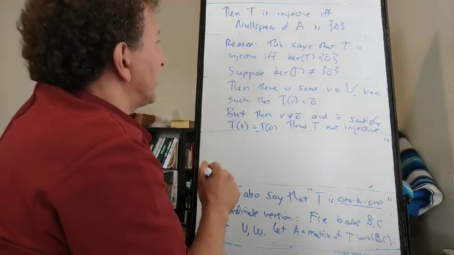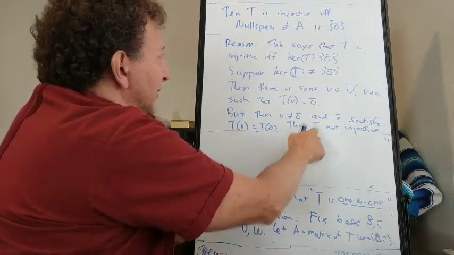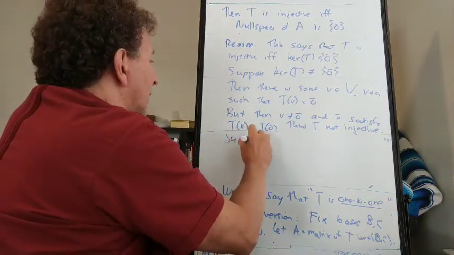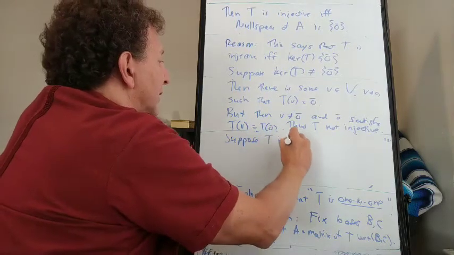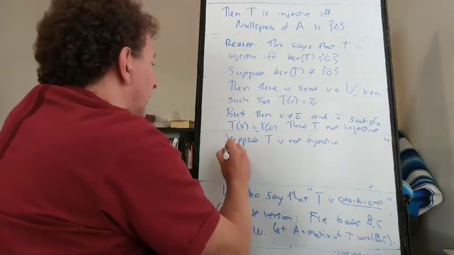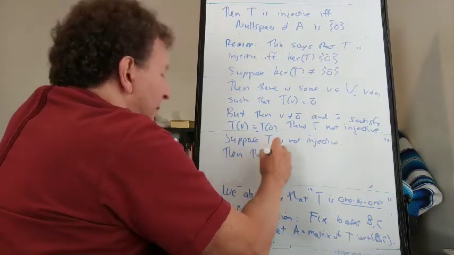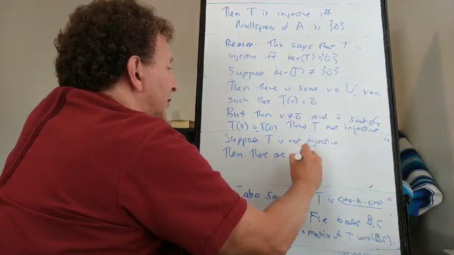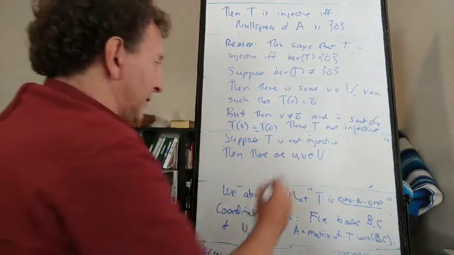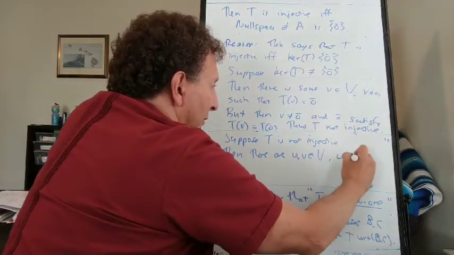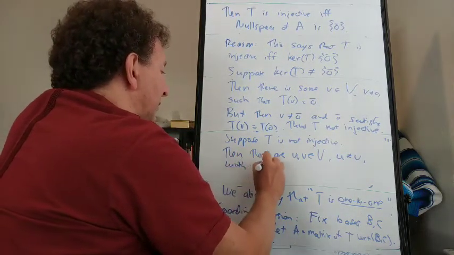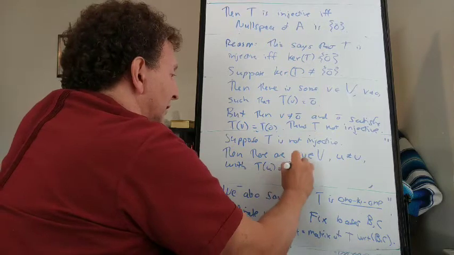So now let's suppose that T is not injective and see if we conclude that the kernel is not 0. So suppose T is not injective. So that means that there are two elements, let's say u and v in the vector space V, which are not equal, but T maps them to the same place. T of u equals T of v.